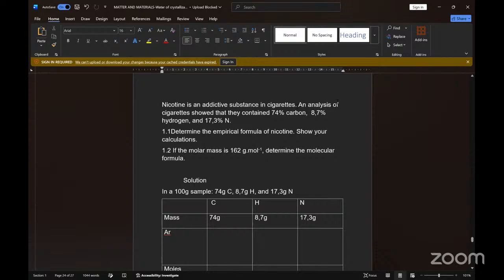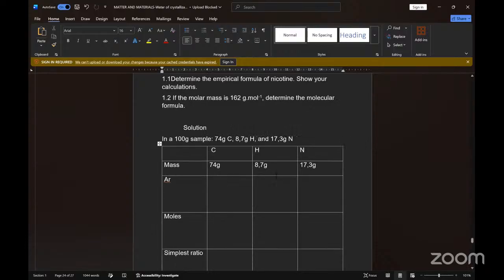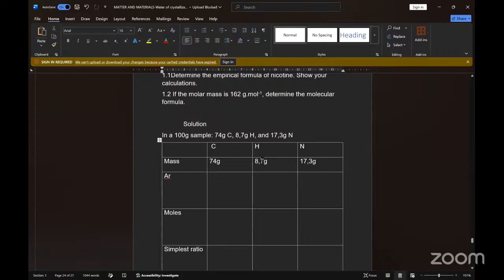Analysis of cigarettes shows that they contain 74% carbon, 8.7% hydrogen, and 17.3% nitrogen. So you have one, two, three substances.